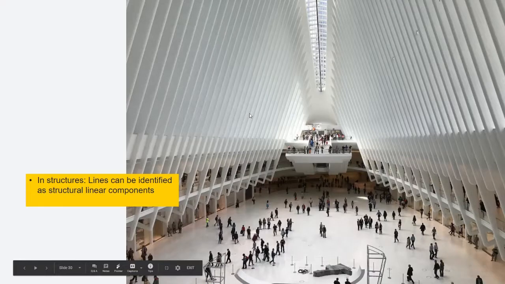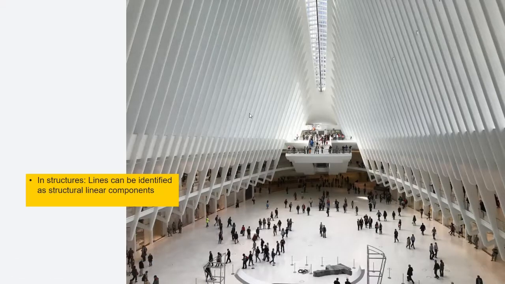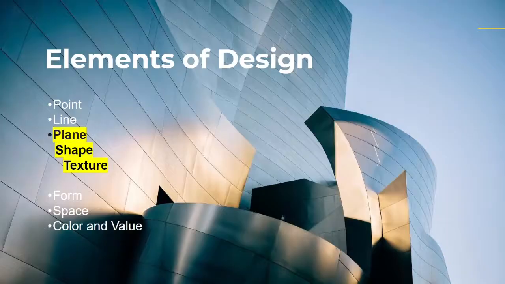In structures, line can be identified as structural linear components. In this design, you can see that the lines serve as a structural design which gives shape, form, and interest to the space. The vastness of the space is balanced with the intricacy and the form of the line that is represented through the ceiling and the structural membranes.